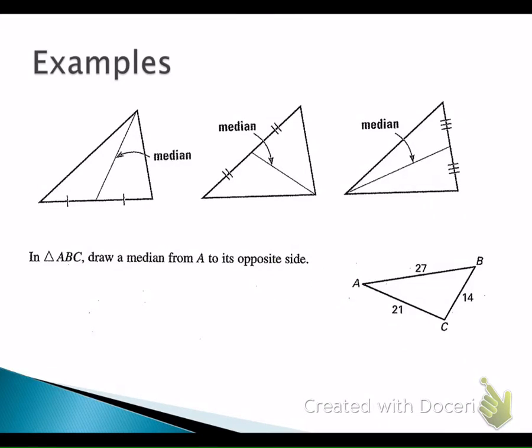So if I start at angle A and I go to the opposite side, see how the opposite side is 14. So how long would each half be if I go right to the middle? 7. Okay, so that would be the median. It's just from a vertex to the middle of the other side.